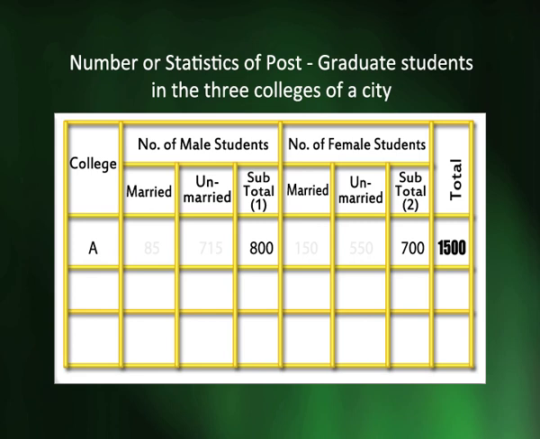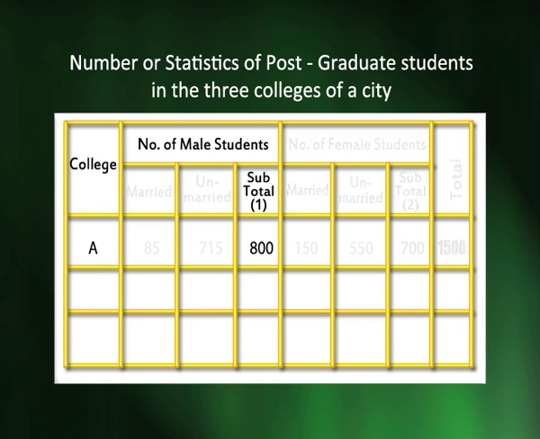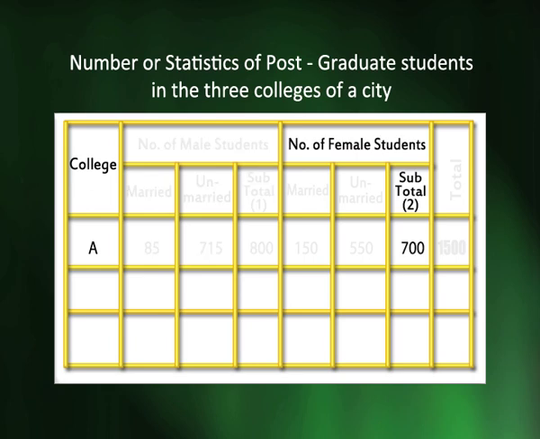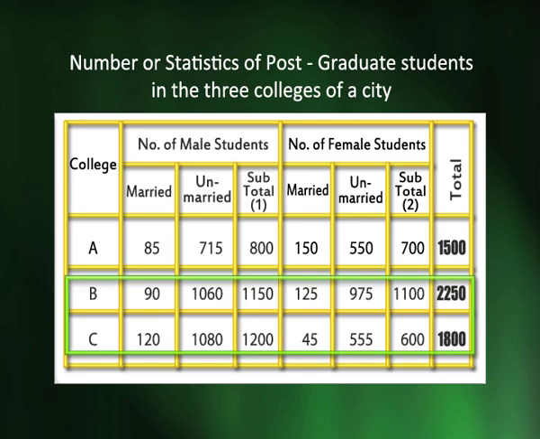For example, out of 800 male students in college A, we have 85 married students and 715 unmarried students. Whereas, out of 700 female students, there are 150 married students and 550 unmarried students. This type of information is given for the remaining two colleges, that is college B and college C.